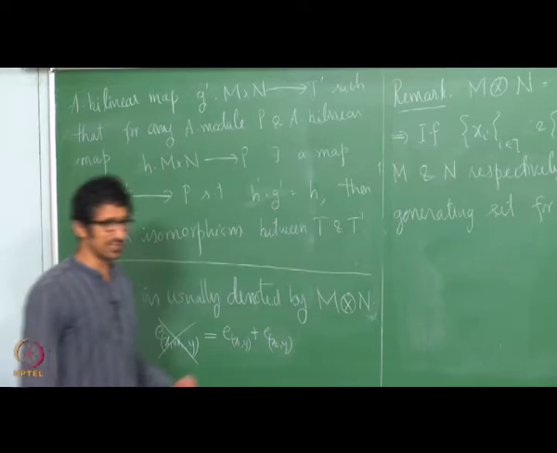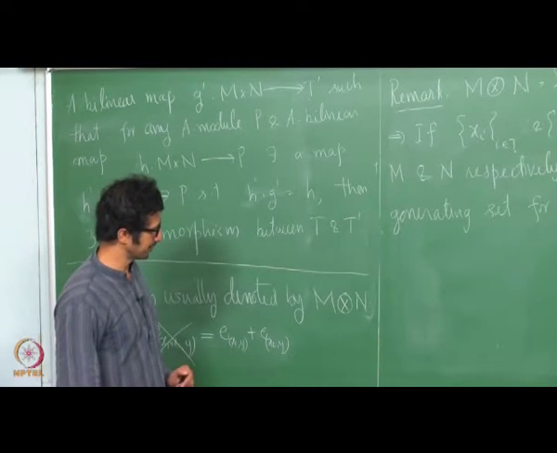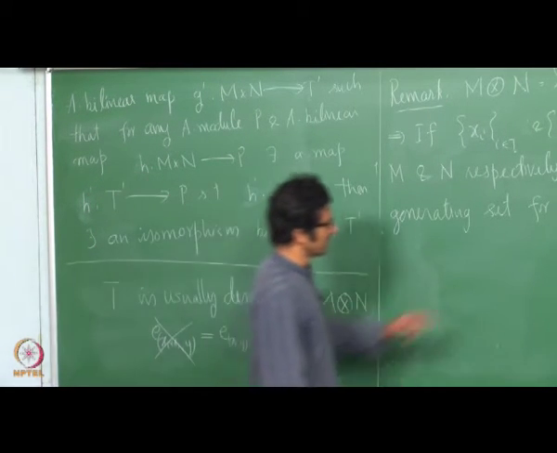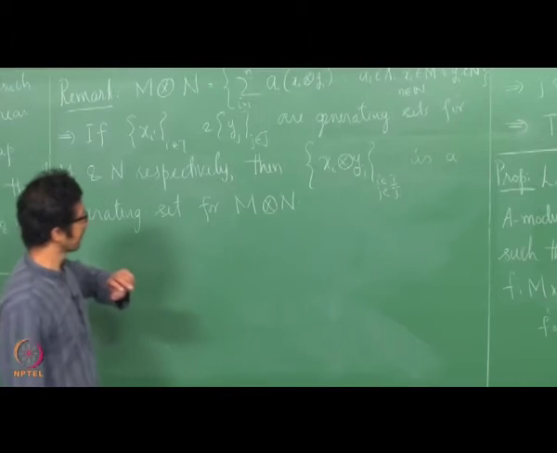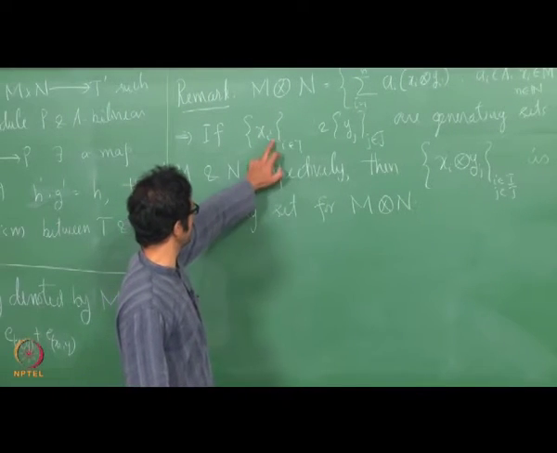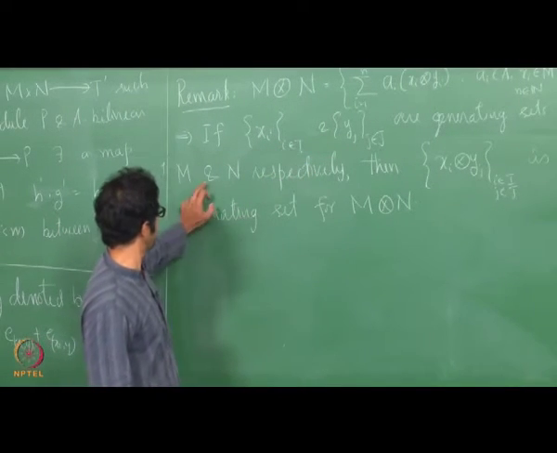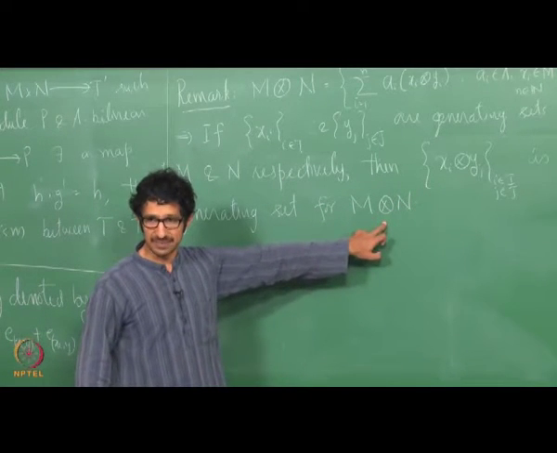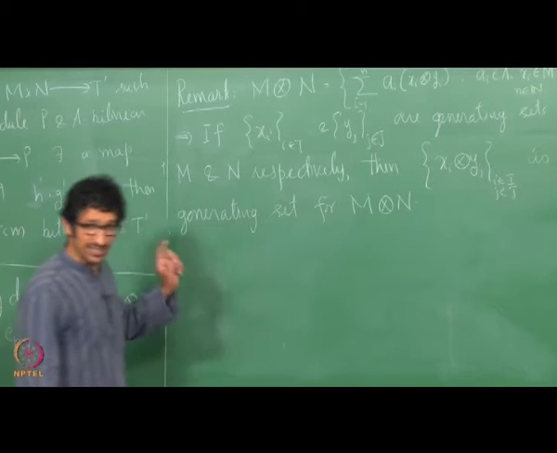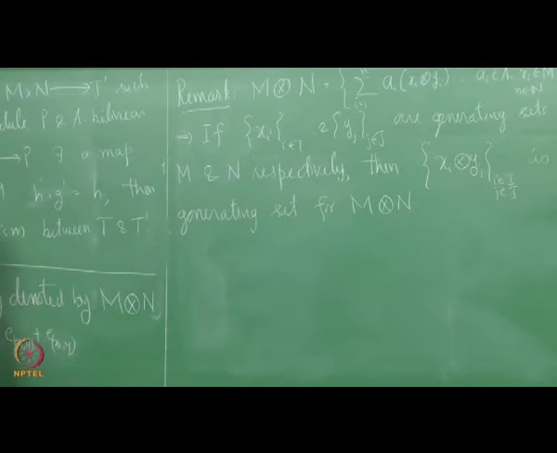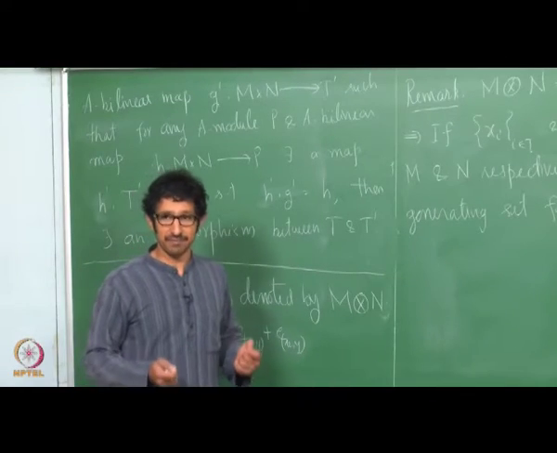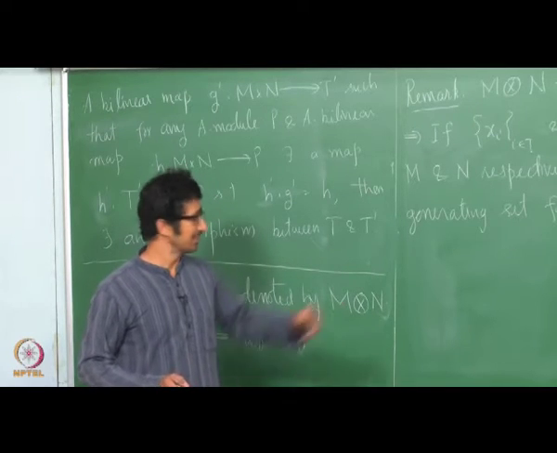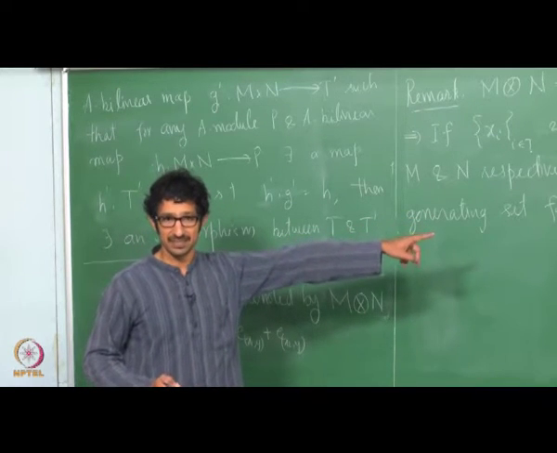We will come back to that. So if these two are generating sets for M and N, then this is a generating set for M tensor N. In particular, if M and N are finitely generated, then so is M tensor N.